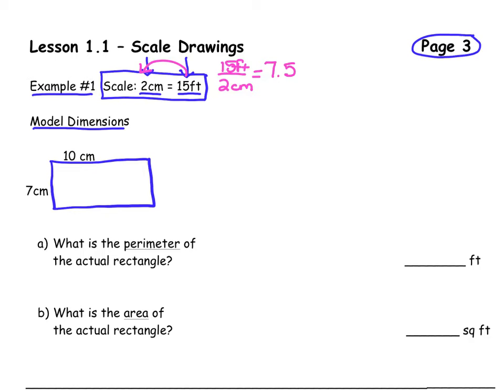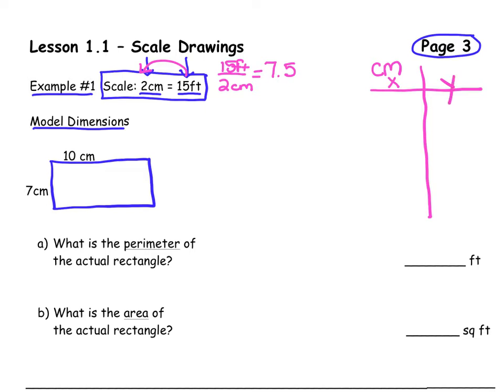So let's begin. Create a quick T-table off to the side. X is going to be our centimeter measurements, or the dimensions we're given on paper.